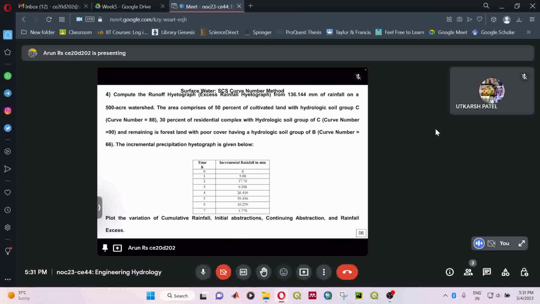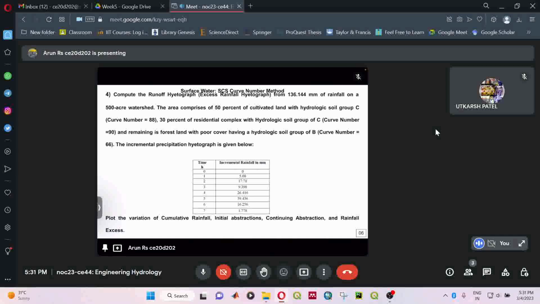The area comprises 50% cultivated land with hydrologic soil group C, with a curve number of 88, and 30% is residential complex with a curve number of 90, and the remaining is forest land with a curve number of 66.